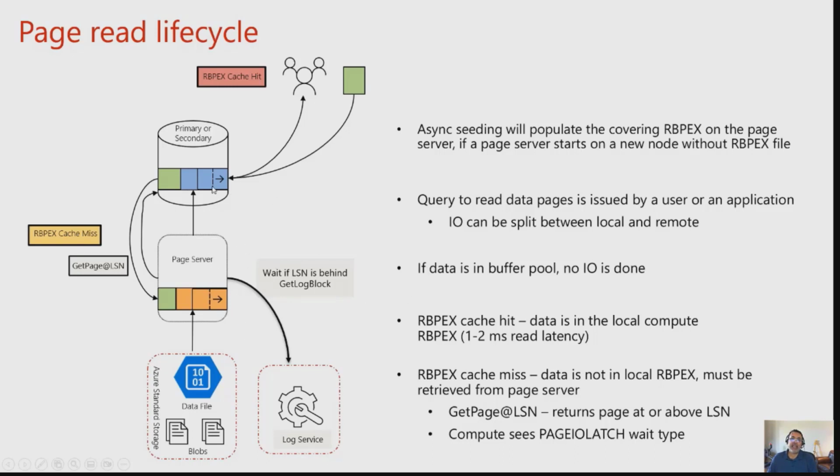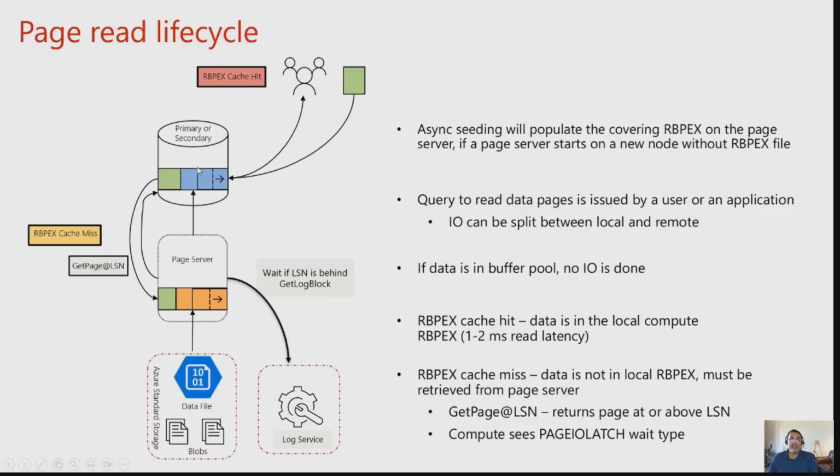But with this intelligent cache, we actually keep track of the hot pages being used and populate this cache. So as the application needs data, most of the data is actually serviced by the compute node. And this cache is proportional to the size of the compute.